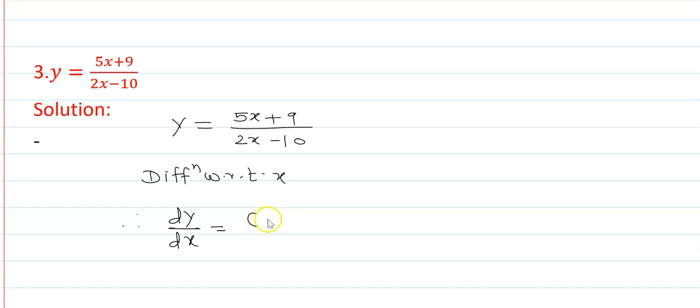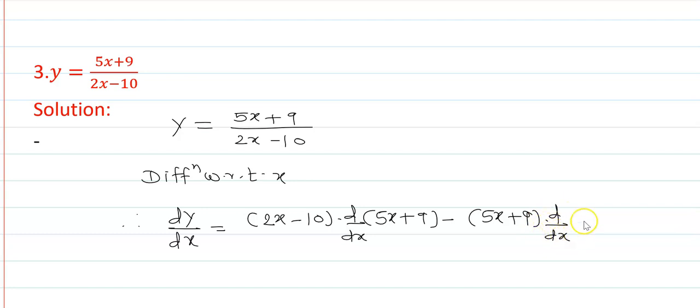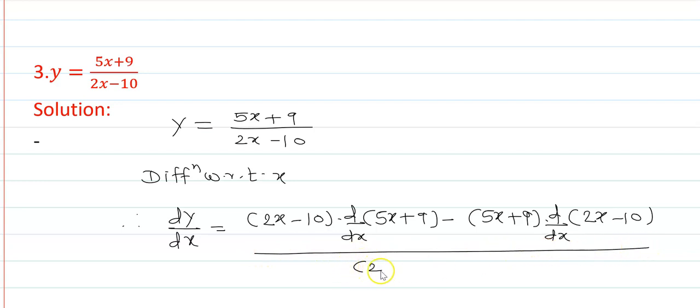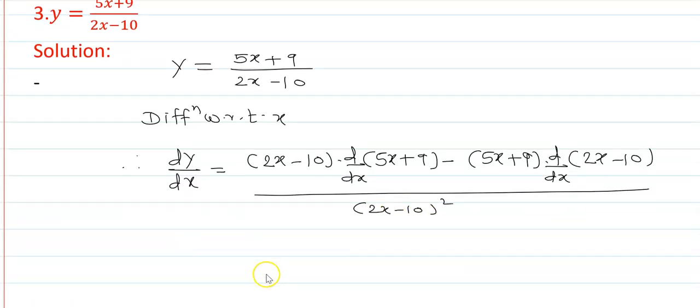First, v, which is 2x minus 10, into ddx of 5x plus 9, minus u, meaning 5x plus 9, into ddx of 2x minus 10 bracket complete, and this whole divided by 2x minus 10 bracket square. Okay.